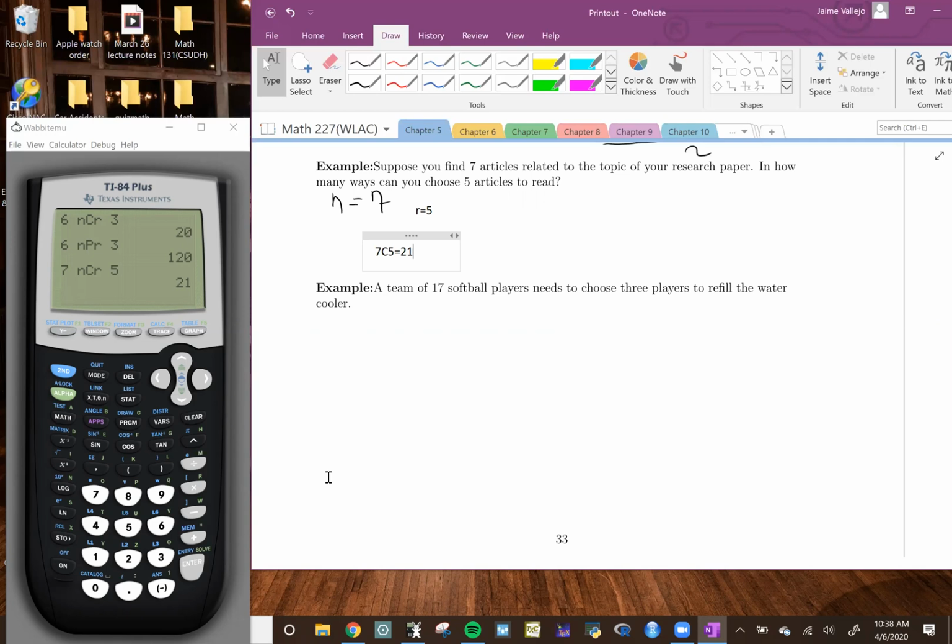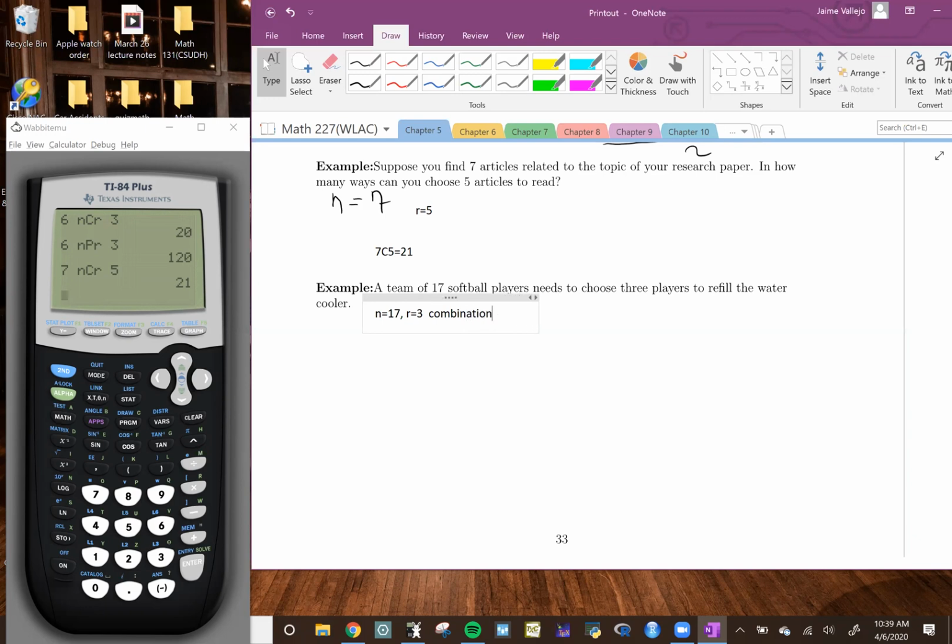Cool. All right, let's check that. For this one, what do we get for n? 17. Cool, perfect. Oh, I wrote it in wrong. Yeah, that's why. What do we get for r? 3. And for this one, does order matter? No, they just refill the cooler. Exactly.